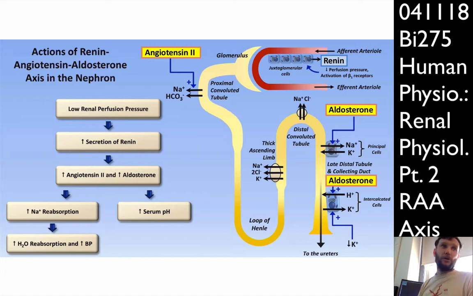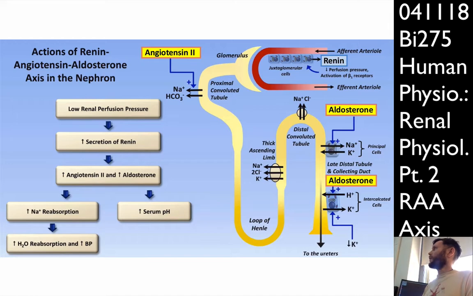The proximal convoluted tubule has a lot going on, and we'll see how that works in a bit. Then there's the loop of Henle and countercurrent multiplication. We'll talk about that. And we get here to the distal convoluted tubule. Now, at the distal convoluted tubule, it's aldosterone, not angiotensin.